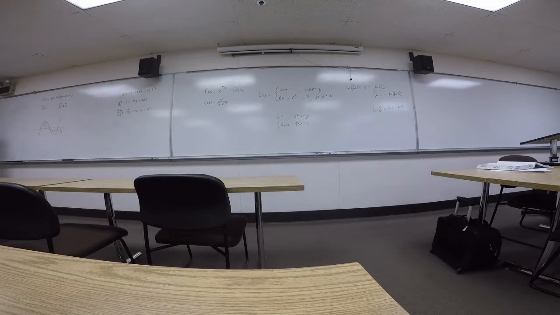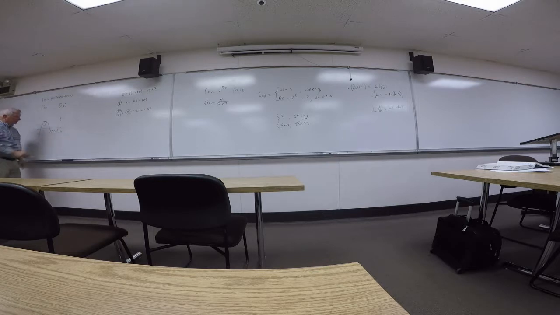So, if this is f, and it's continuous on AB, and it has 3 zeros, then between these 2 points, Rolle's theorem applies. There has to be a point where we have 0 slope. And still, Rolle's theorem applies here between these 2 points.